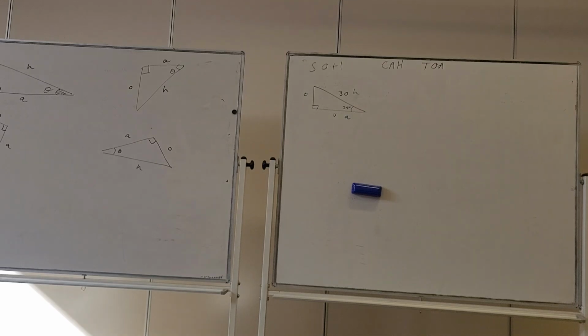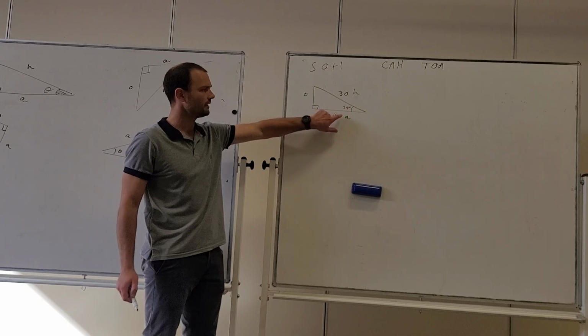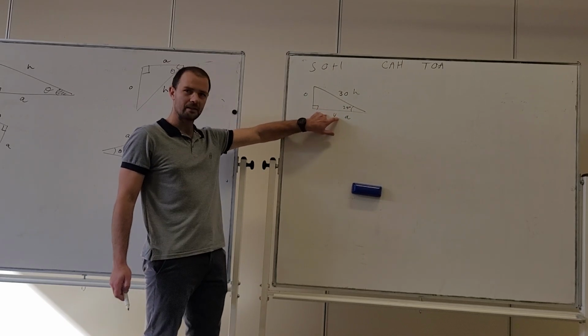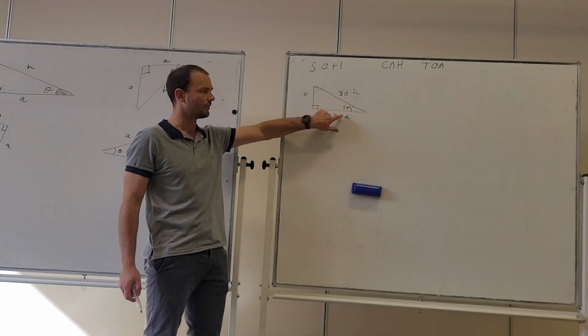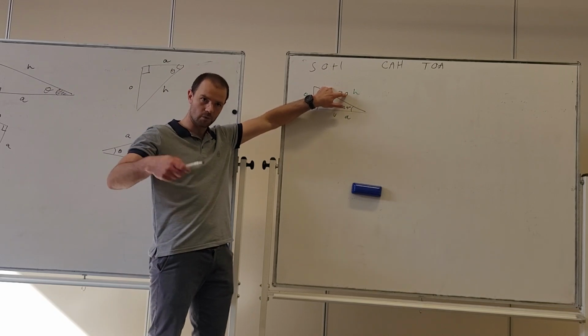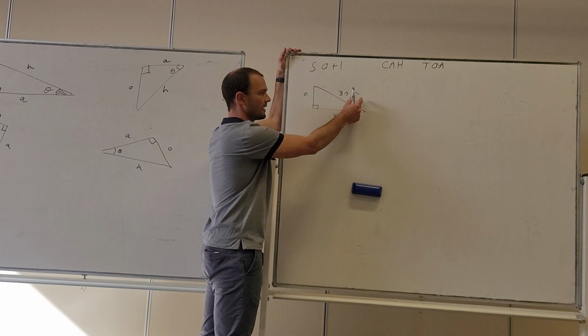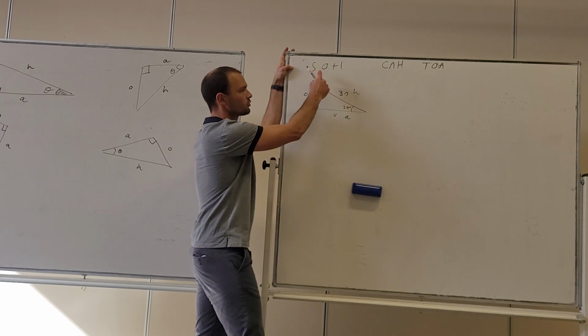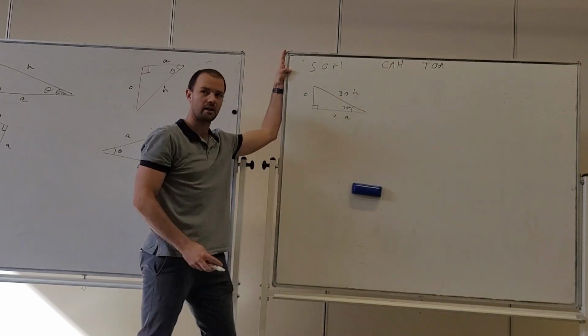All right, so if we want to solve the unknown side, we're trying to solve this one. We've got u here, and the other piece of information we've got is 30. So we've got to use the information we've got, right? We've got u and 30. We're trying to solve u. So what do they correspond with? That corresponds with A and H. Which trig ratio has A and H? Cos, okay?